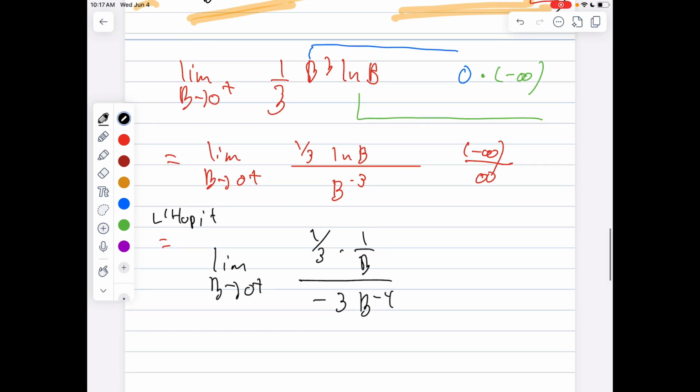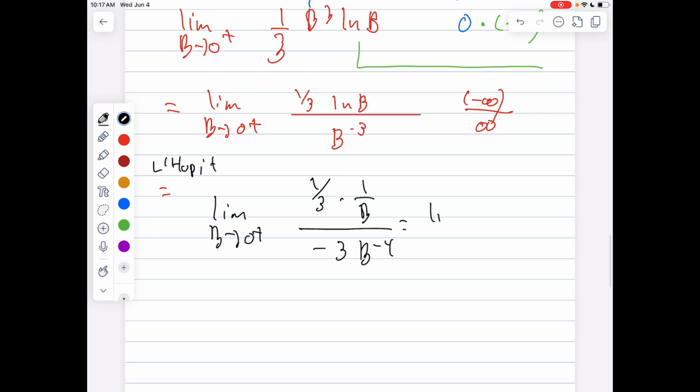What I suggest at this point is to simplify this out. You flip the b to the minus 4, and dealing with that minus 3 on the bottom, this would be minus 1/9 b cubed as b approaches 0.